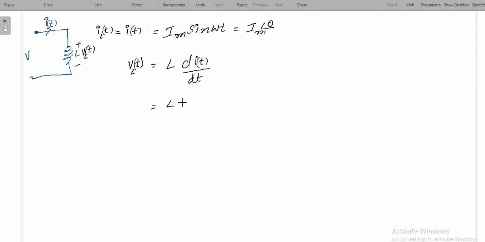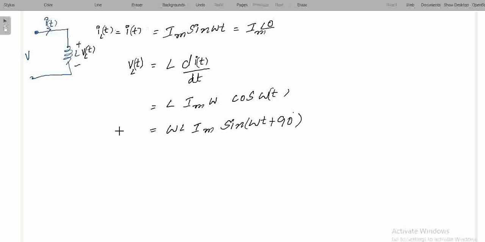If you differentiate this one, you will get Im into omega into cos omega t. From this you can write omega L Im. This cos omega t can be written as sin omega t plus 90 degrees. So this is your VL of t.